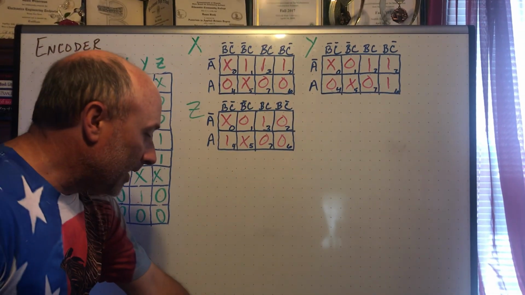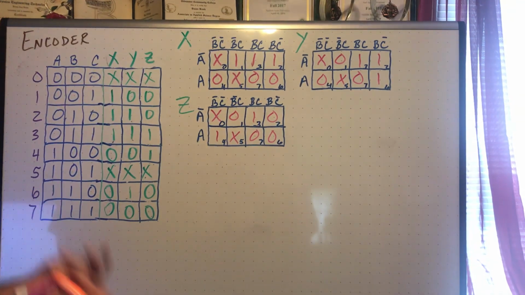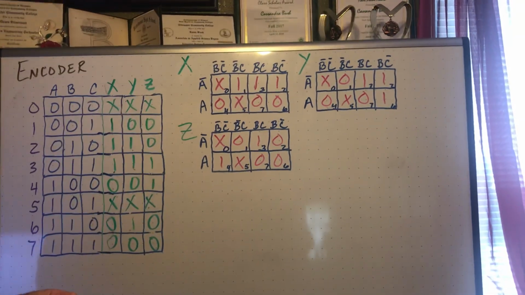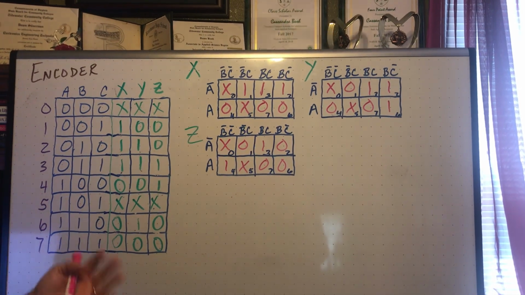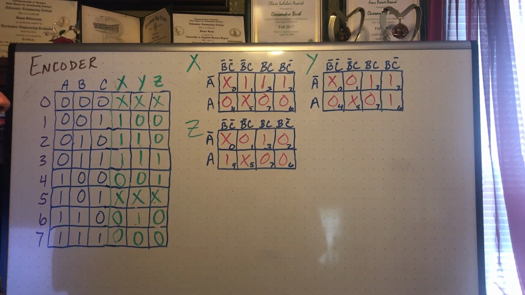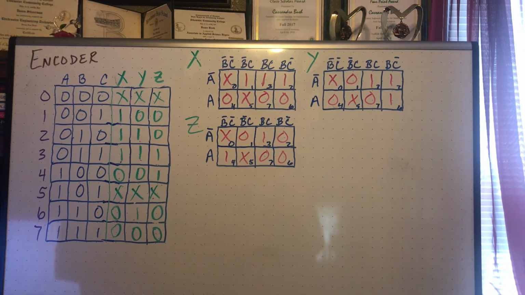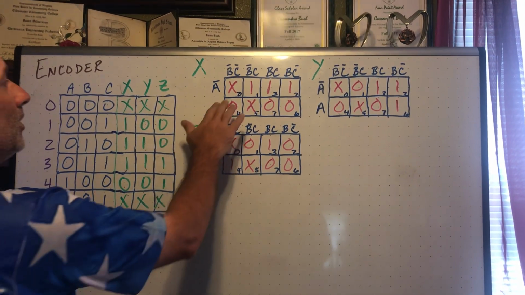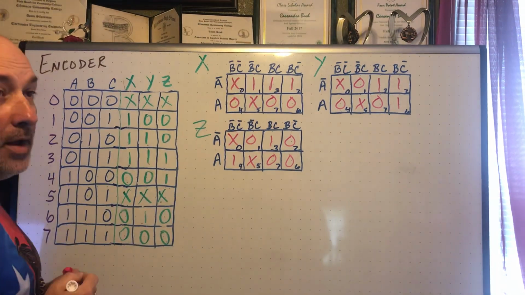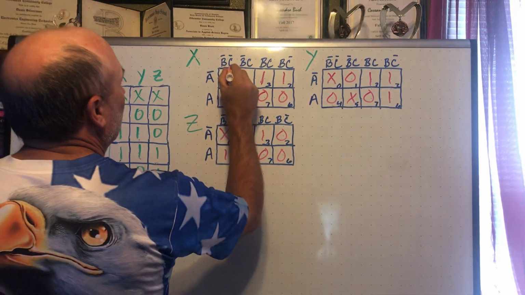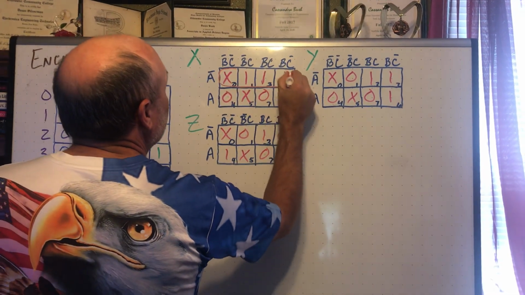I can go back and figure out my circuit based off my K maps. So I'm looking at just the K map for X. Do I have a group of 8? No, I do not. Do I have a group of 4? Yes, I do, because I can use my X as a 1, since I don't care if it's a 1 or a 0. So I'm going to circle these.